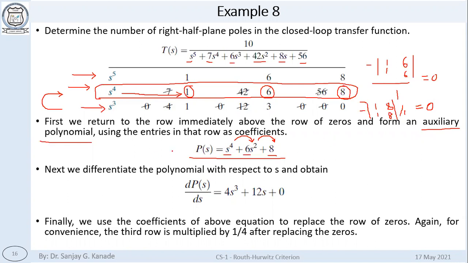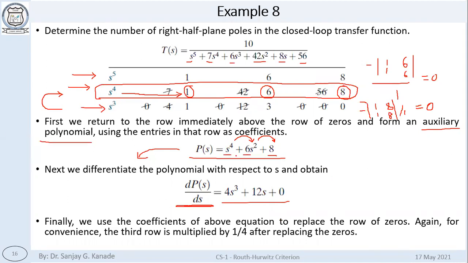Now, once we create this auxiliary polynomial, we have to differentiate it with respect to s, and then we obtain the next polynomial, having degree less by 1.